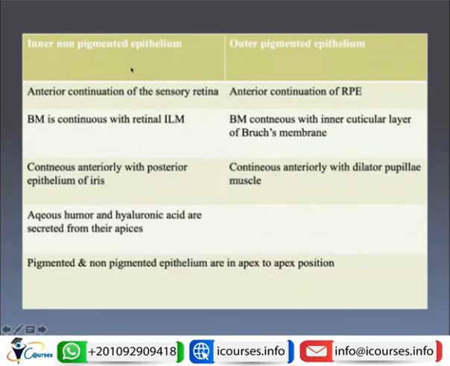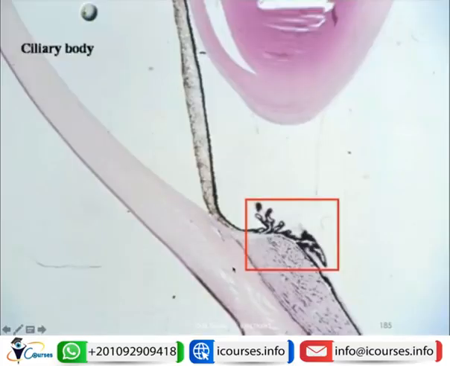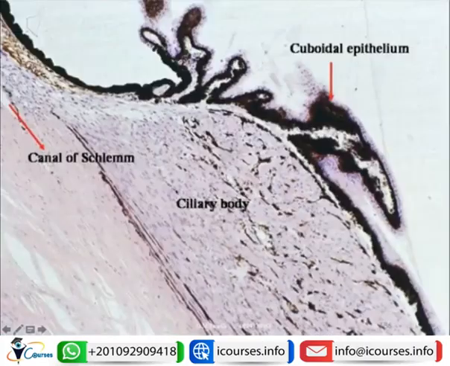The function of the inner non-pigmented epithelium is to secrete the aqueous. It will secrete aqueous humor and hyaluronic acid from their apex into the posterior chamber, and the pigmented and non-pigmented epithelium are in apex to apex apposition, as we will see now. This is the ciliary body. If we have a magnified image, you will find this is the canal of Schlemm, this is the ciliary body, this is the ciliary process.